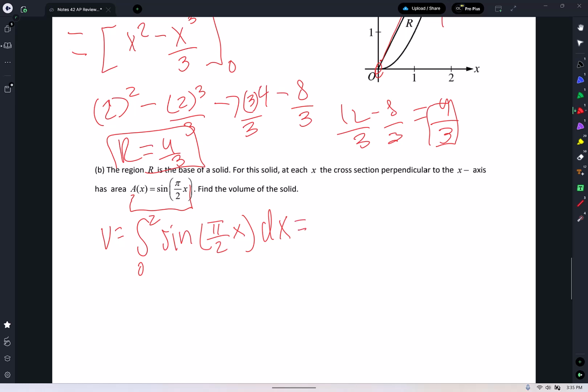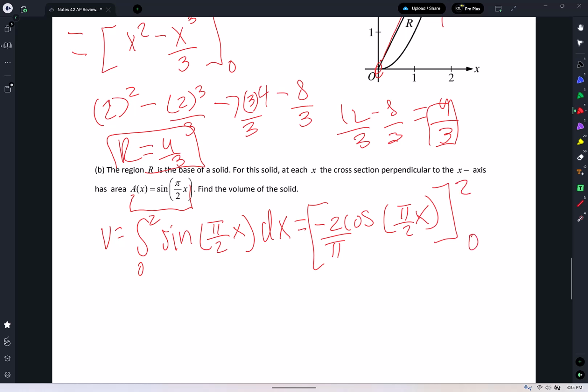And then we're going to find the antiderivative of that, which is negative cosine of pi over 2 x. And then we're going to times that by the reciprocal because it's inside of the function. So that becomes negative 2 over pi cosine. And then we're going to evaluate this at 0 and 2.